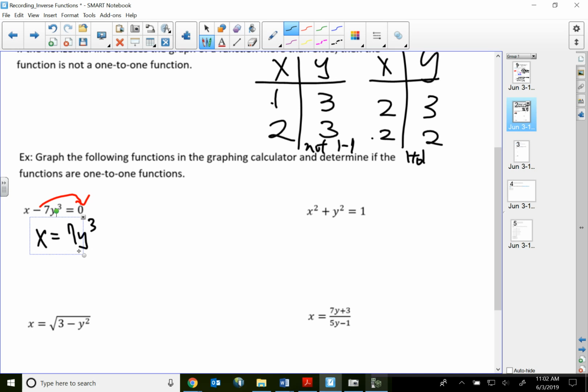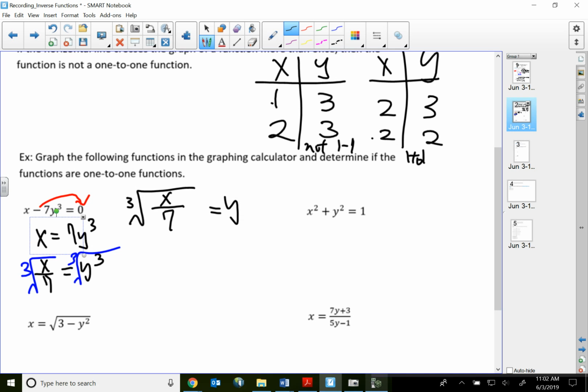Divide both sides by 7. That's y cubed equal to x over 7, or 1 over 7 x. Take the cube root on both sides. So my y is now equal to the cube root of x over 7.